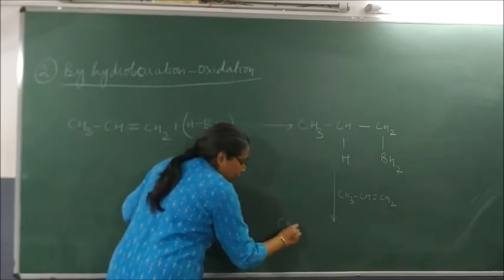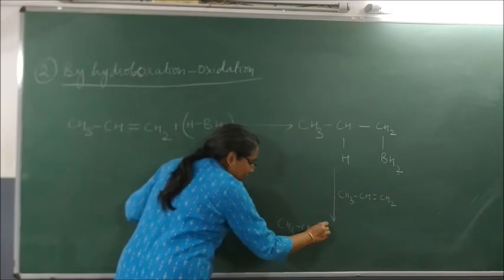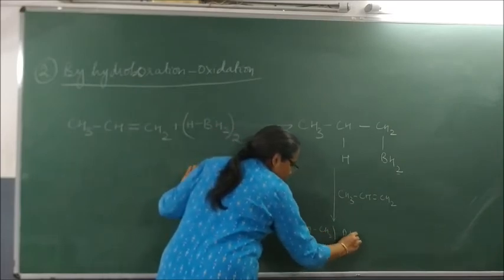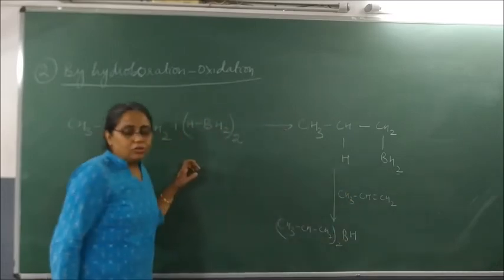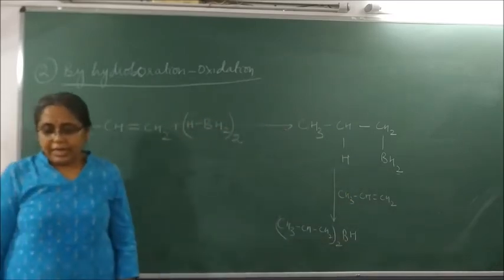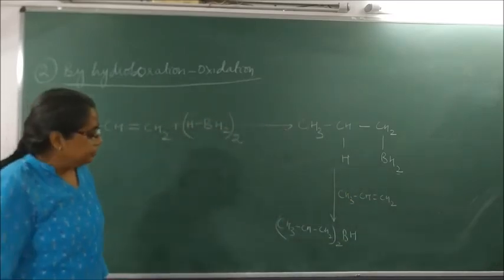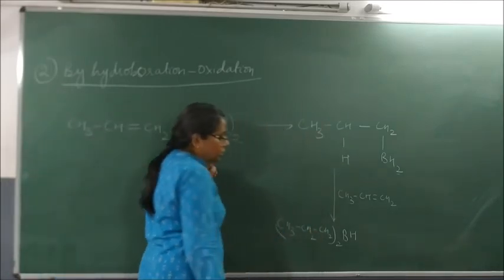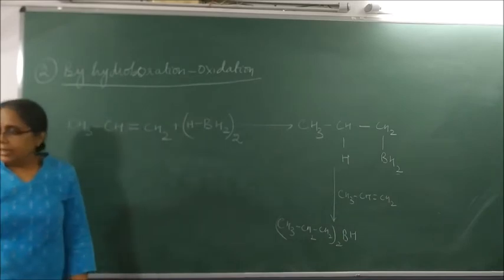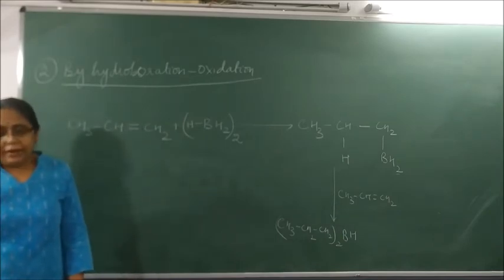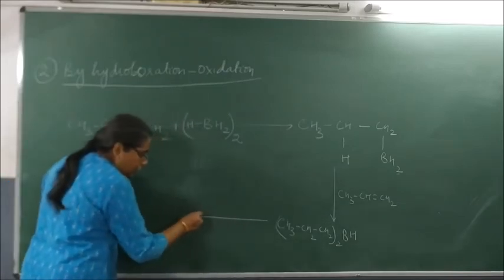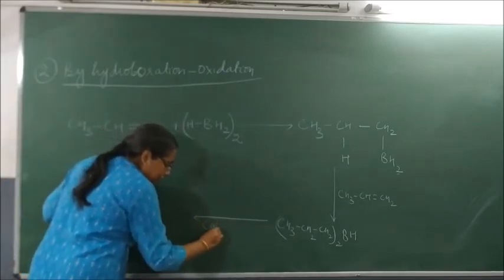So I will get CH3, CH2, CH2, taken twice, BH. This is called what borane? Dialkyl borane. I have to make it till where? Till trialkyl borane.